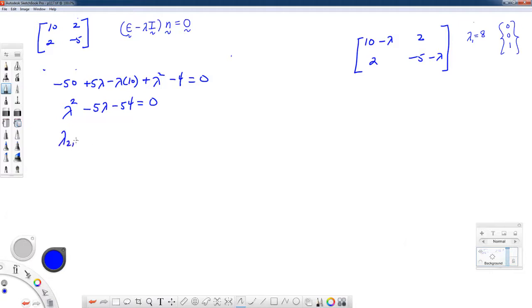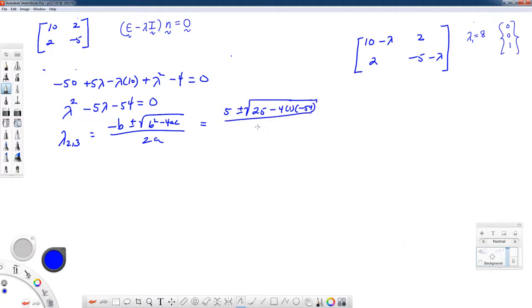So our other two roots, we'll call them 2 and 3, are given by, in standard form, minus b plus or minus the square root of b squared minus 4ac, all over 2a. In this particular case, that's plus 5 plus or minus the square root of 25 minus 4 times 1 times minus 54, all over 2 times 1.